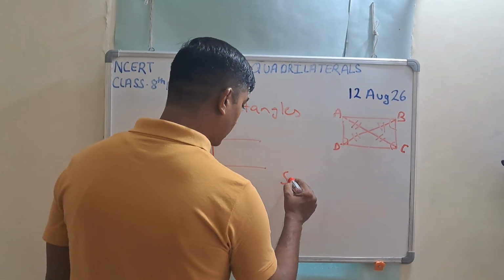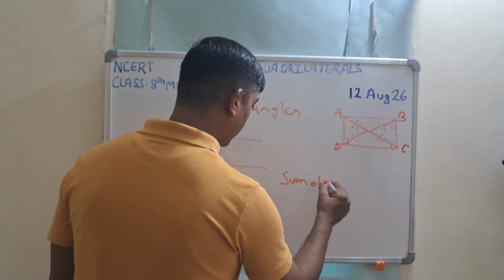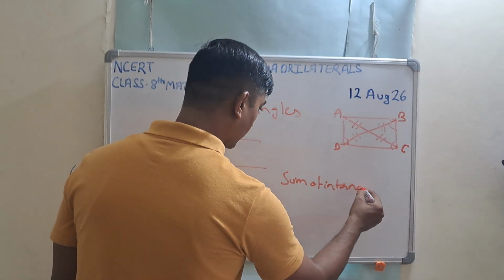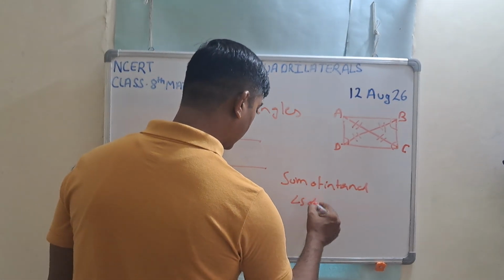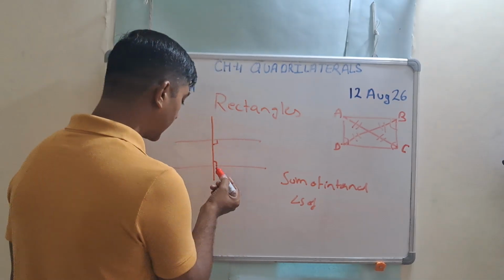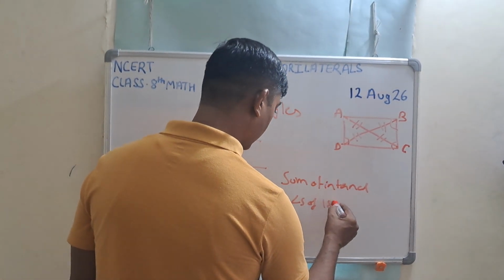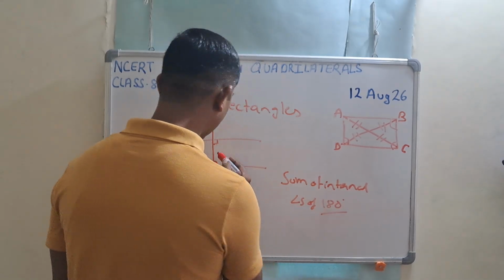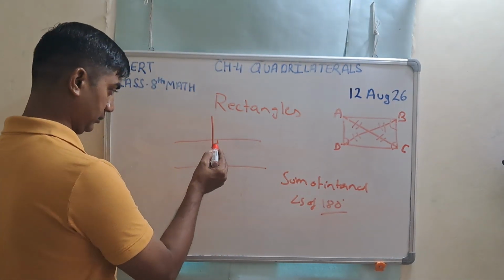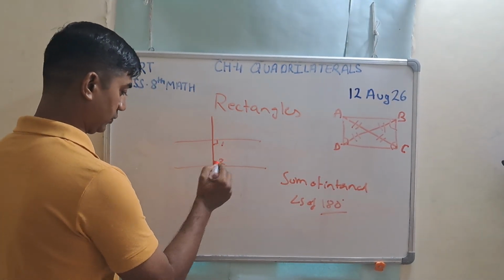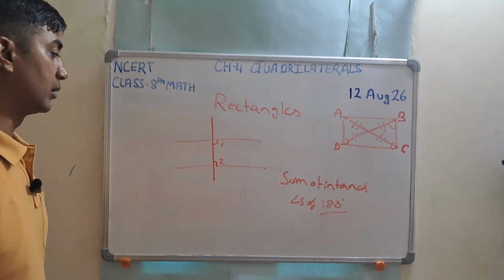Understood? The sum of internal angles of a transversal line with parallel lines is 180. We are talking about these angles, angle 1 and angle 2. These are 180.